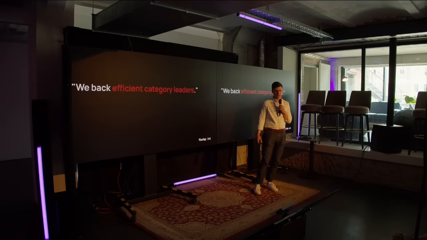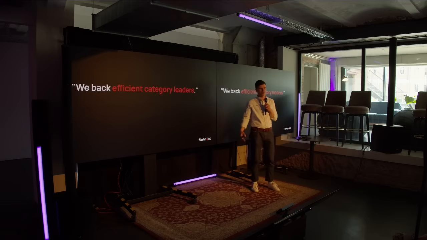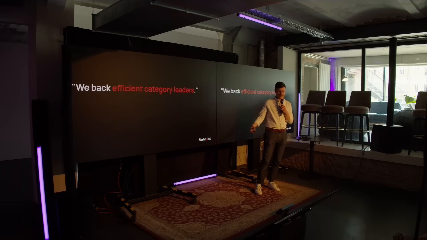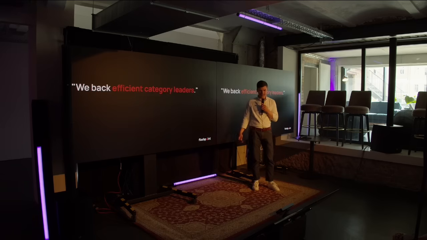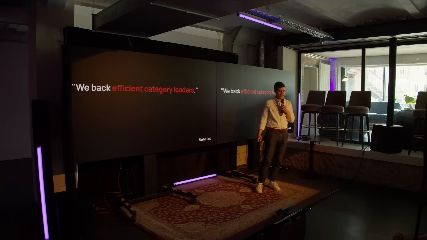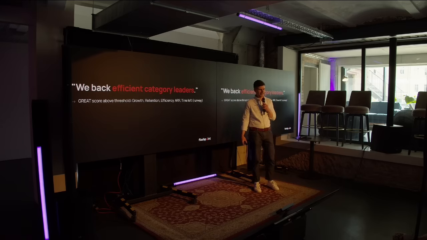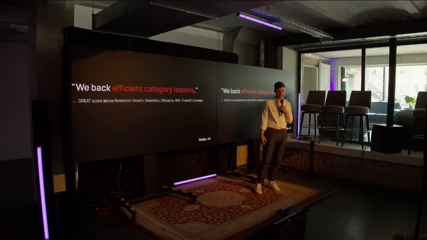At Flashpoint, we have a couple of these data points, and I'm going to give you some examples of what we do and how we use them. For example, one of them is that we back efficient category leaders. Internally we use something we call the GREAT score, which encompasses growth, retention, efficiency, ARR, and time left.